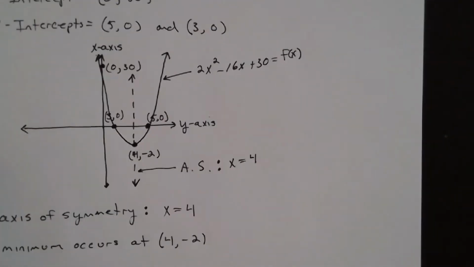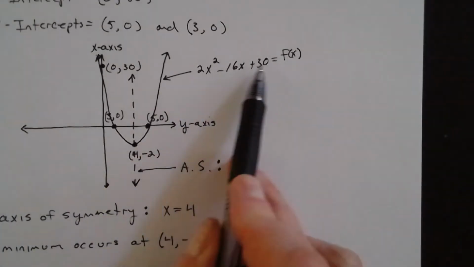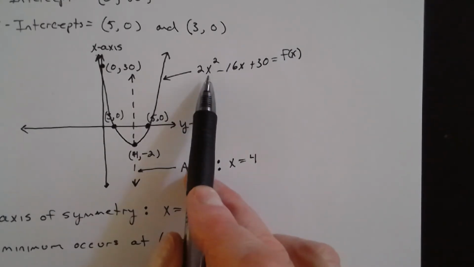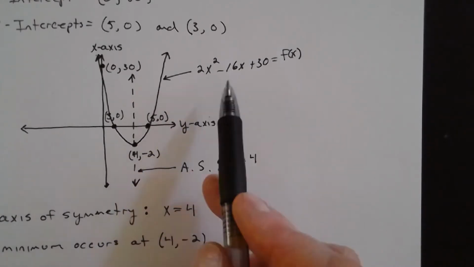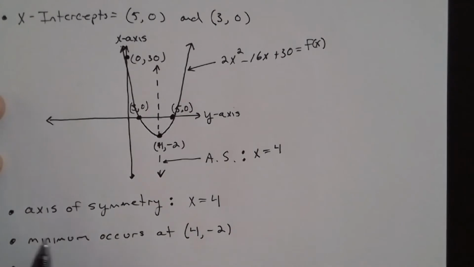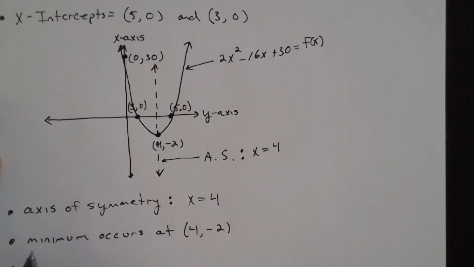What's the domain for this graph? What's the input for this function? In other words, is there any restriction on what numbers x can be? There's no restriction. So if there's no restriction, the domain must be all real numbers.